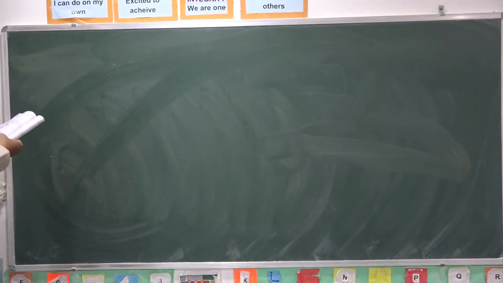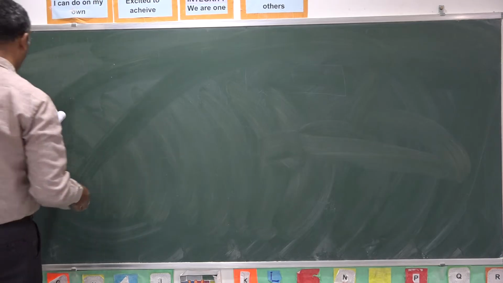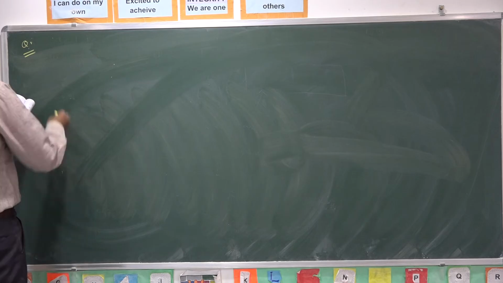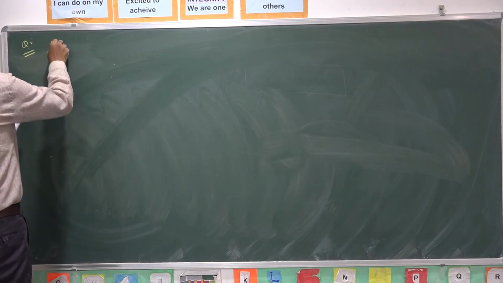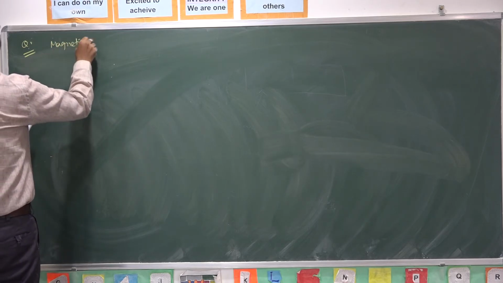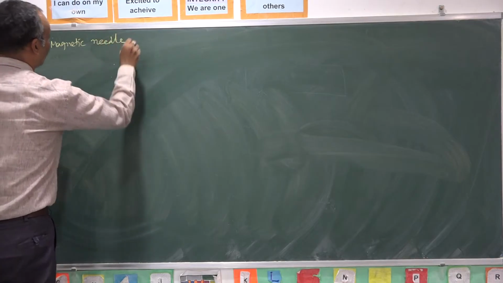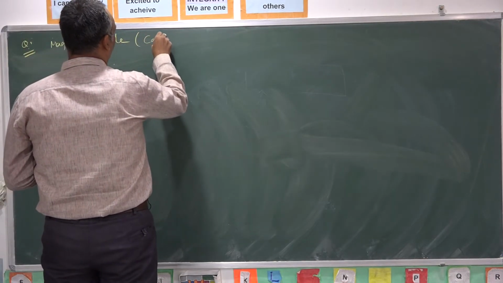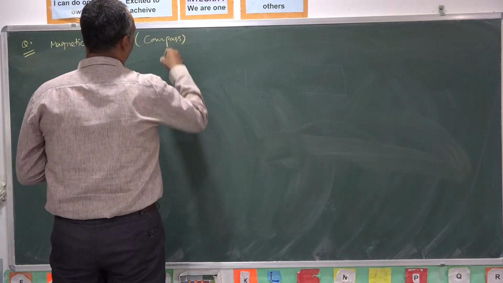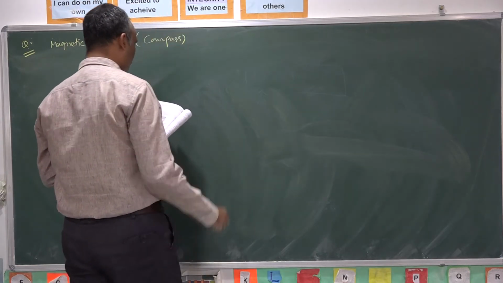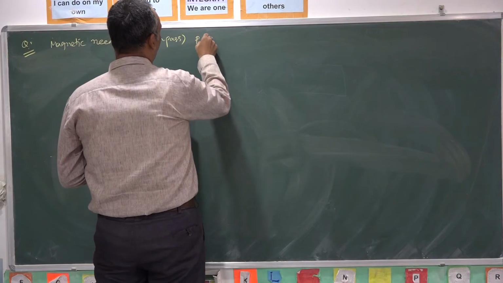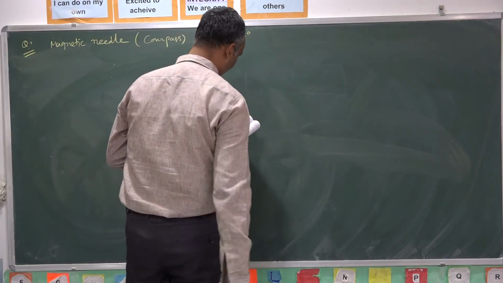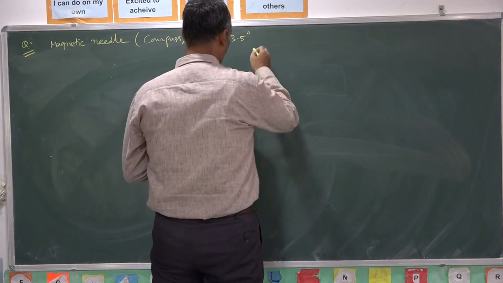The question says, a magnetic needle (bracket: compass) points 3.5 degrees west of geographic north.